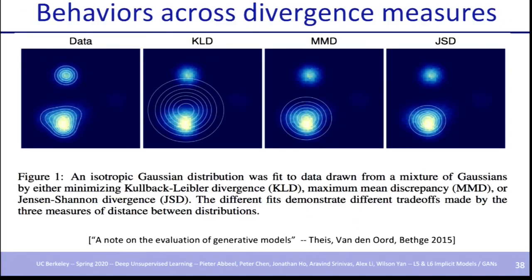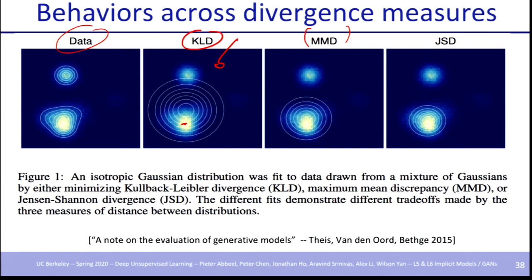Let's take a look at what this comes out as when we optimize, for some data in 2D. It's our actual data. If we do KL, so maximum likelihood, we get this thing over here. What is it doing? It's ensuring that there is a lot of probability where most of the probability mass is, but it also spreads out over the entire space, because if you don't cover some data point, it's going to give you a negative infinity score, and that's bad, so you've got to cover everything.